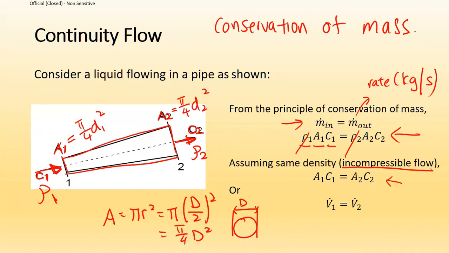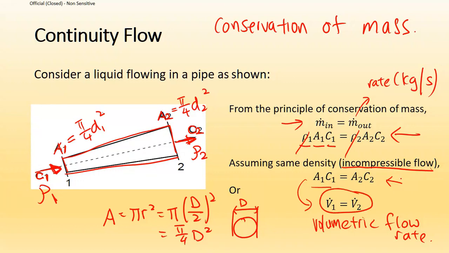A1C1 itself is actually the volumetric flow rate, so it can be written as V dot 1. This is the volumetric flow rate. In fact, we seldom use V dot 1 equals V dot 2. We usually start off straight away with A1C1 equals A2C2.